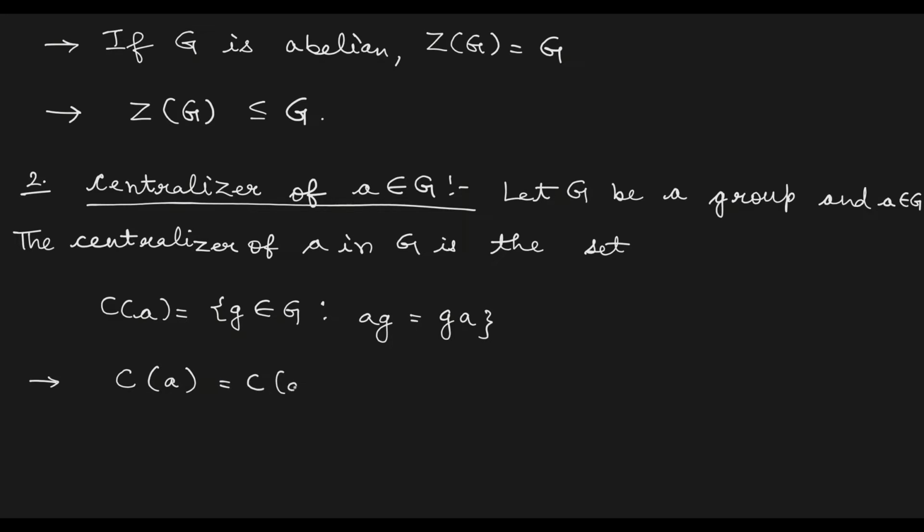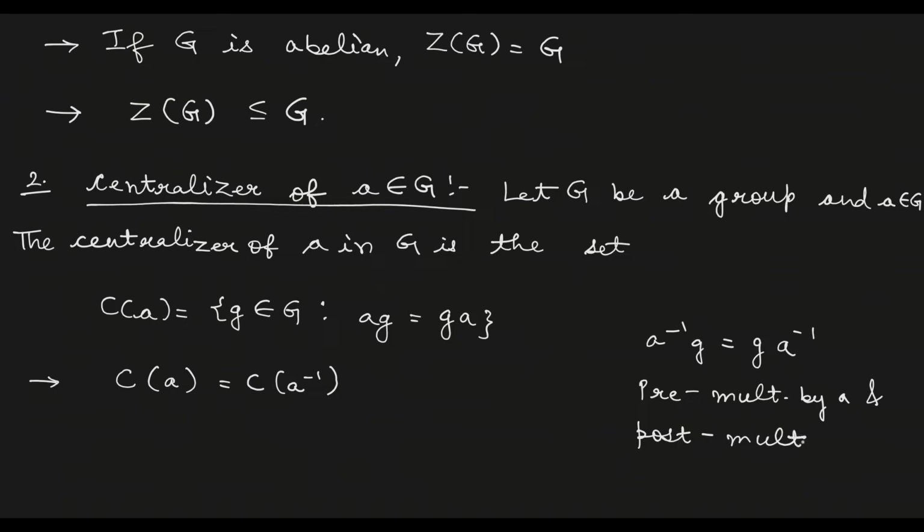C(a) is equal to C(a inverse). If I take a inverse instead of a, then I will get a inverse g is equal to g a inverse. And if I pre-multiply by a and post-multiply by a, then I will get ga is equal to ag. That's why C(a) is equal to C(a inverse).